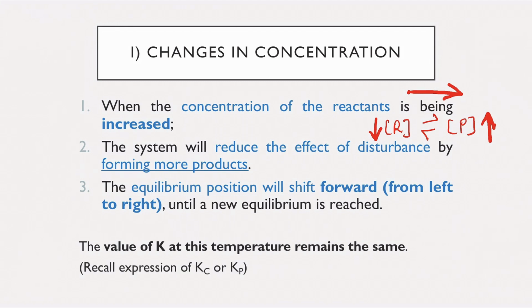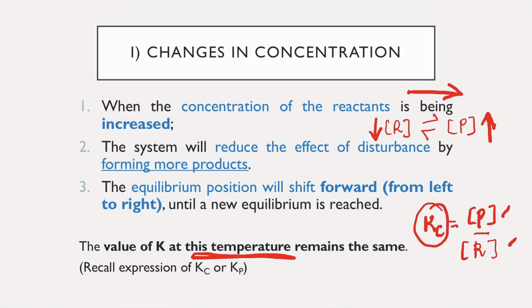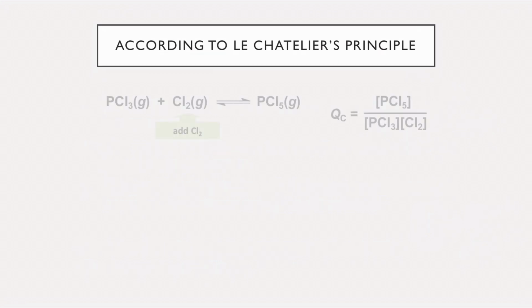If you recall the law of mass action, your Kc is equal to your concentration of product over reactant. So at constant temperature, even when you change your concentration of product or reactant, your Kc will remain the same. So, changes in concentration will not change the value of your equilibrium constant.